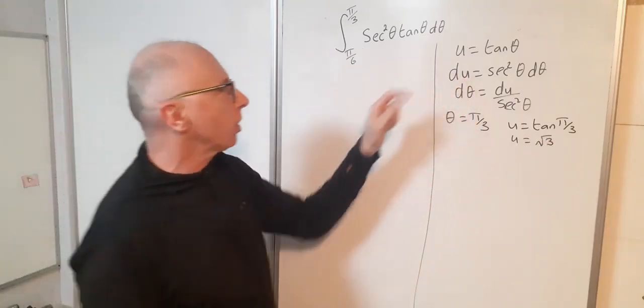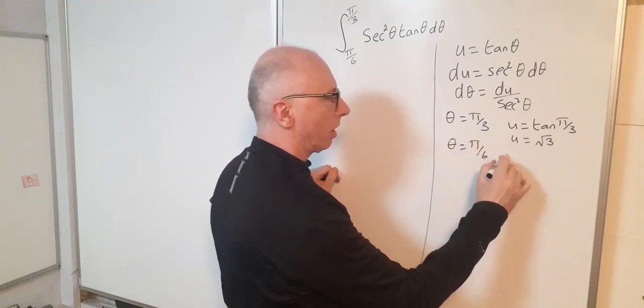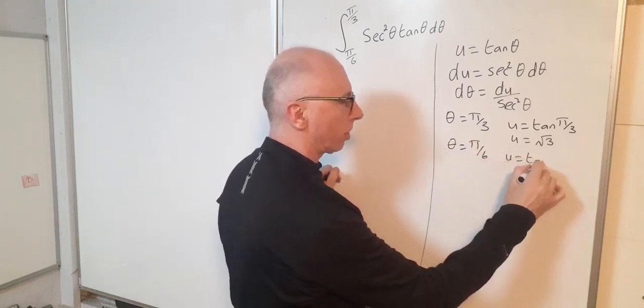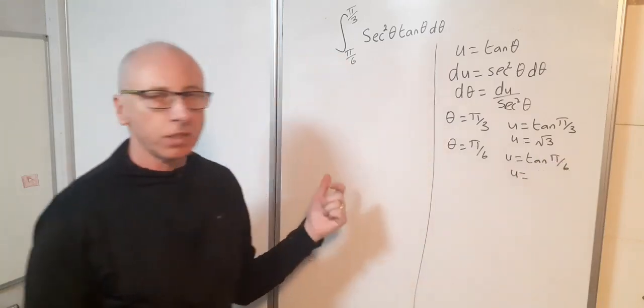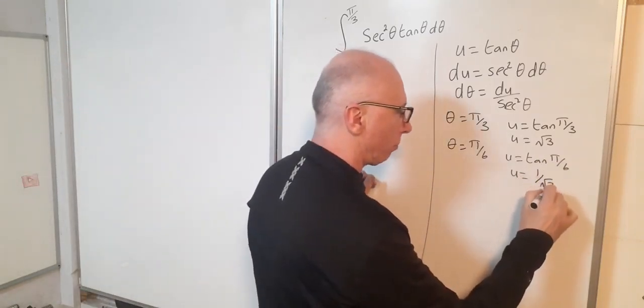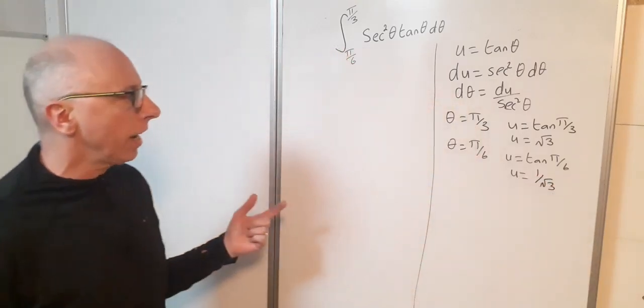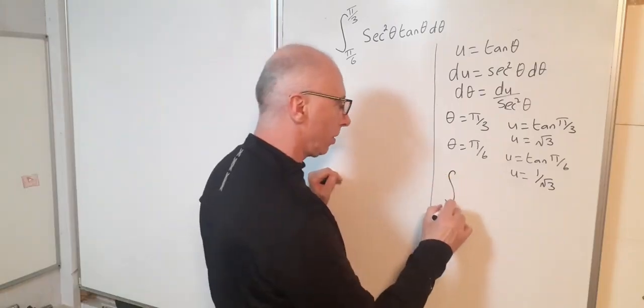And then let's look at the case when theta equals pi over 6. In this case u equals tangent pi over 6, and tangent of pi over 6 is just the reciprocal of root 3, so 1 over root 3. So that takes care of our parameters.